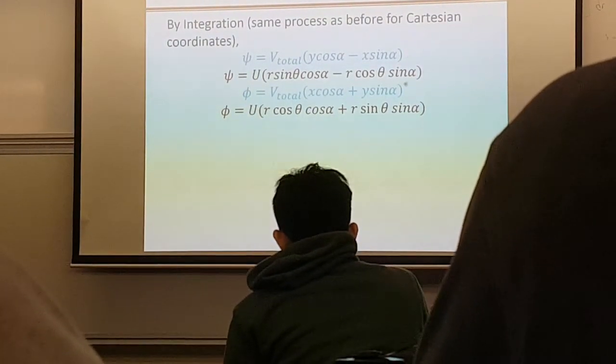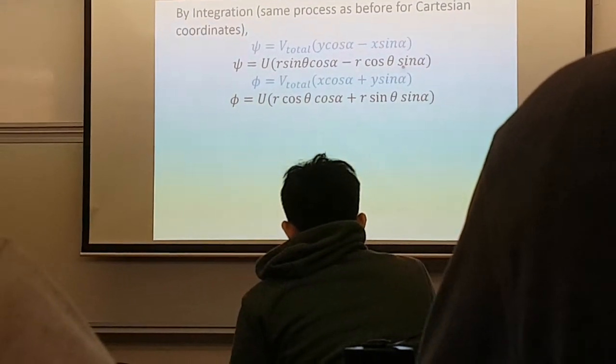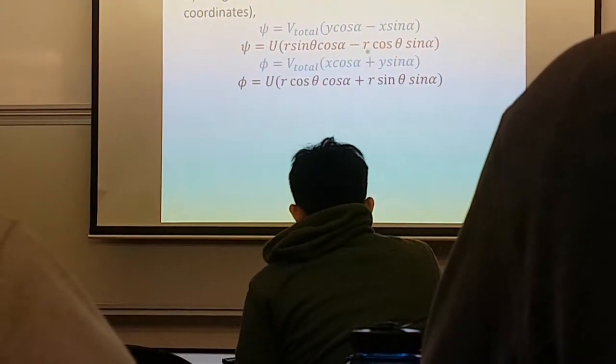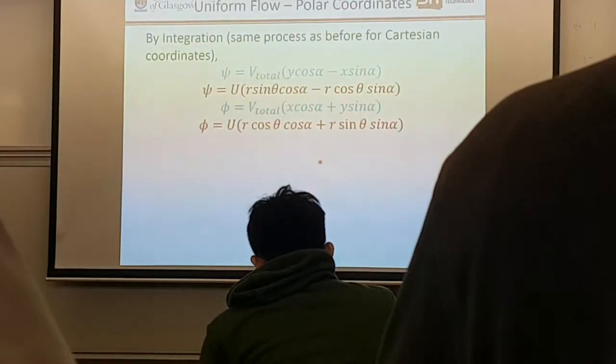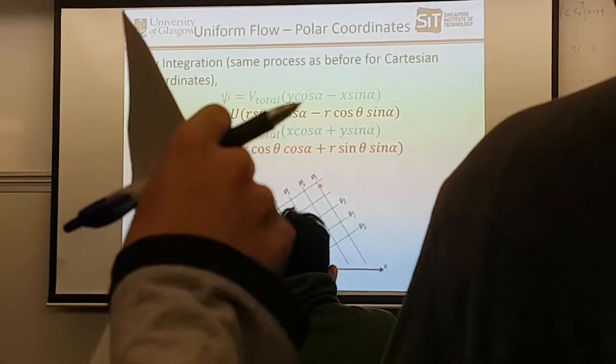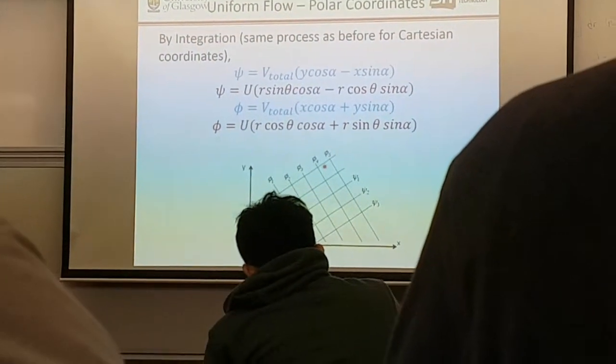The blue one that I have is your Cartesian form, and the red ones are your polar form. If I ever plot out the values, I will get the orthogonality behavior. My stream function is always 90 degrees from my velocity potential.